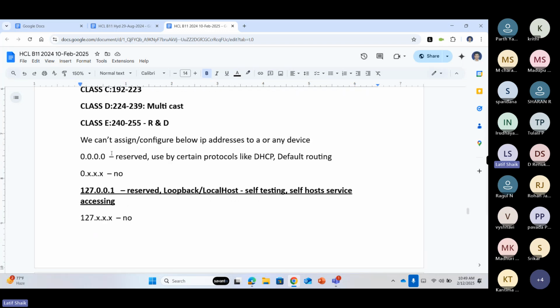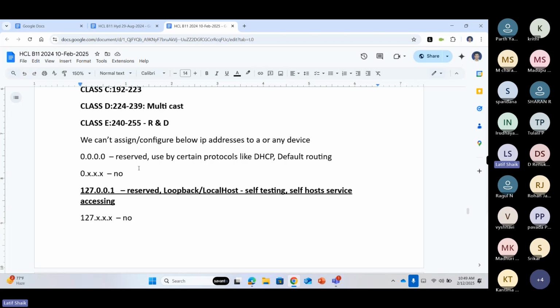Again, in that one also, a few IP addresses we can't assign to any device. 0.0.0.0 is a reserved IP address used by certain services or protocols, like DHCP, for a client requesting an IP address. You are a client, so you don't have an IP address.